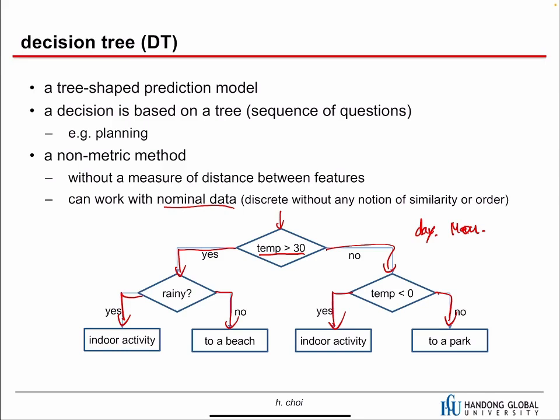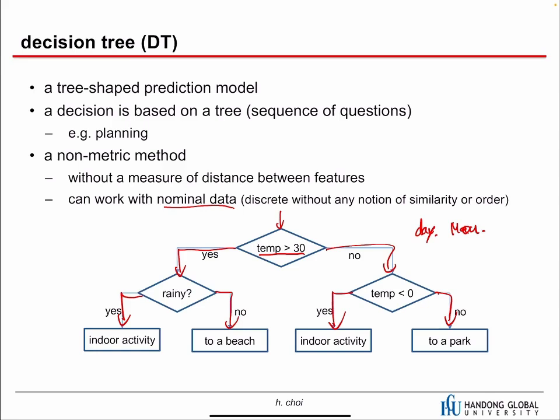Okay, so there's no order in this categorical data, or something like a genre. Okay, is it a horror film? Is it a comedy film? And we cannot compare which one is higher than the other, right?